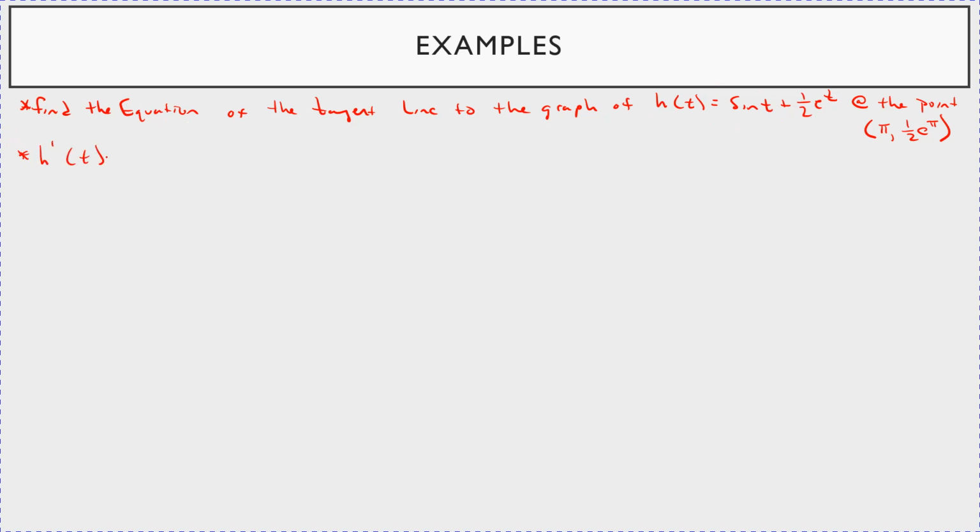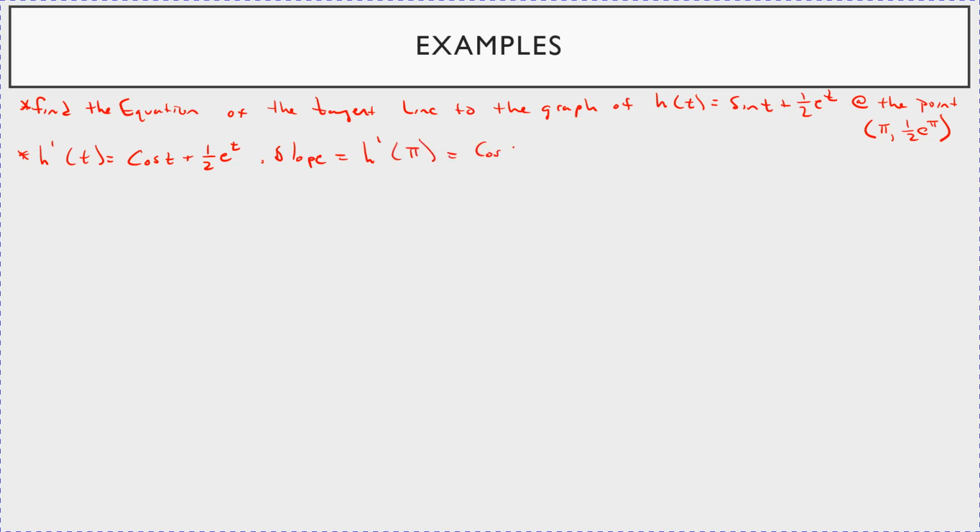So h prime of t. All right, so the derivative of sine is cosine, so that's cosine of t. Derivative of e to the t is just e to the t. So plus 1/2 e to the t. So next, to find the slope, is going to be h prime, and I'm literally going to plug in pi.